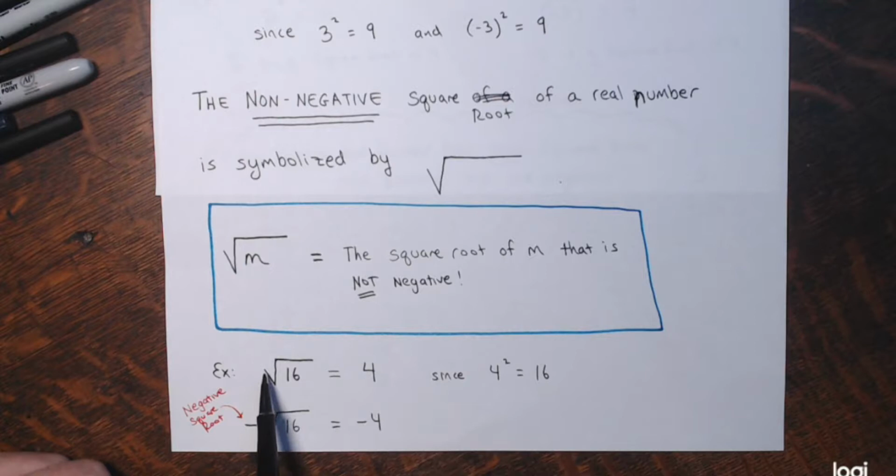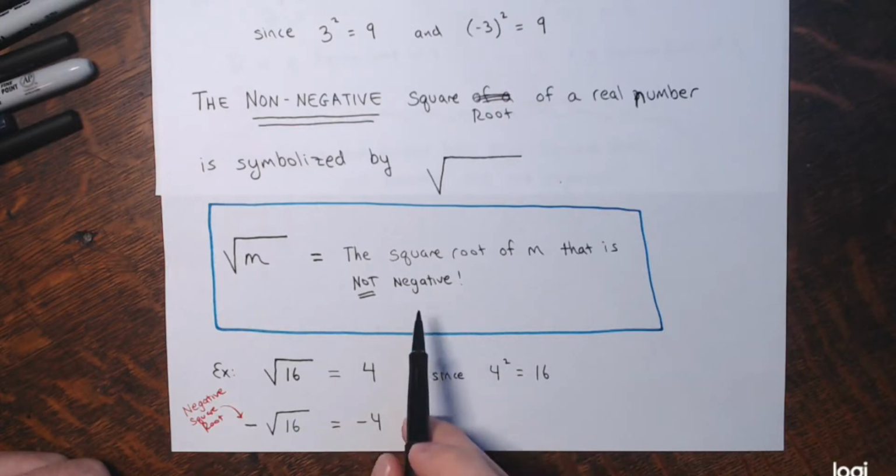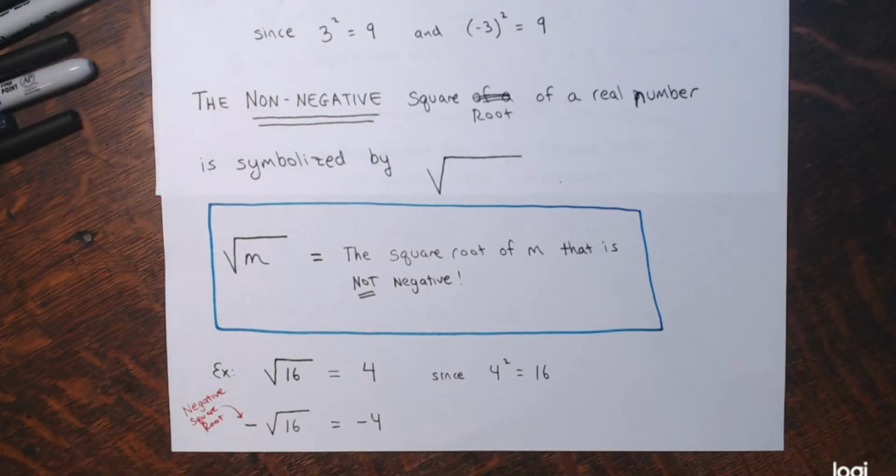But you see the symbol without a negative sign in front of it, your final result can't be negative. That means they want the square root that's not negative, sometimes referred to as the principal square root. But I'll leave it this way, square root that's not negative.